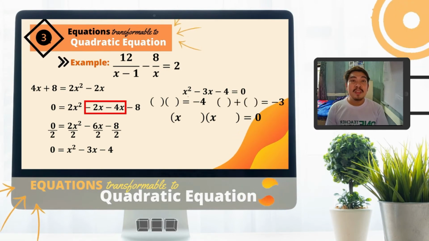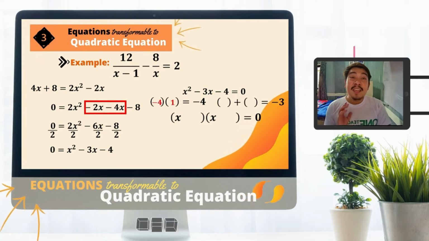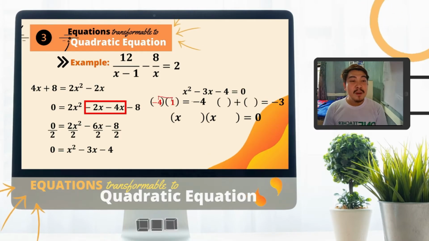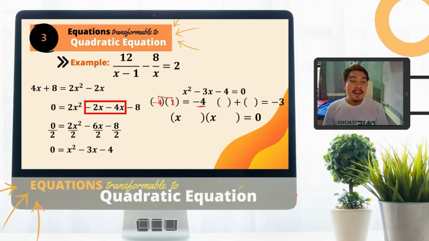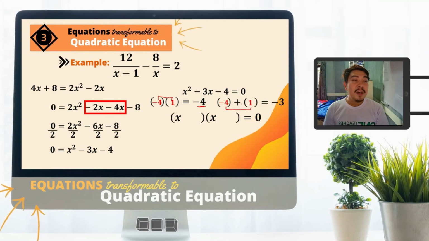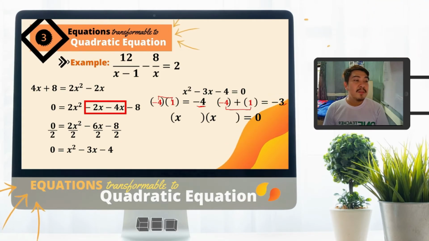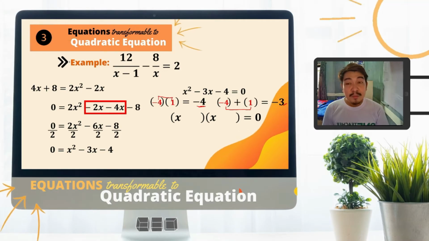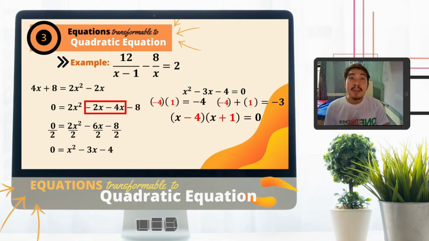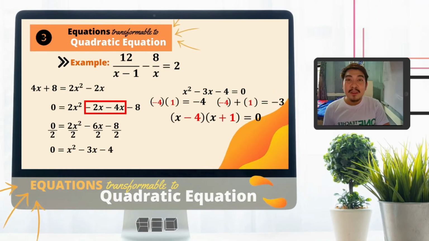Ano kaya yung mga numbers na yon? So the numbers are negative 4 and 1. So negative 4 times 1 will give us negative 4. At the same time, negative 4 plus 1 will give us negative 3. So what will be our factored form? The factored form will be x minus 4 times x plus 1 is equal to 0.